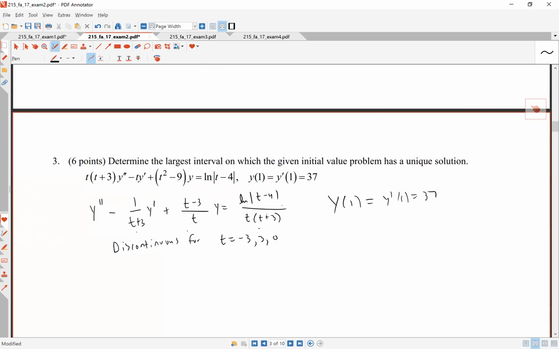Sorry, I don't know why I said positive 3, because that's in the numerator. So we have negative 3 and 0. But then ln of absolute value t minus 4 says t can't be 4.